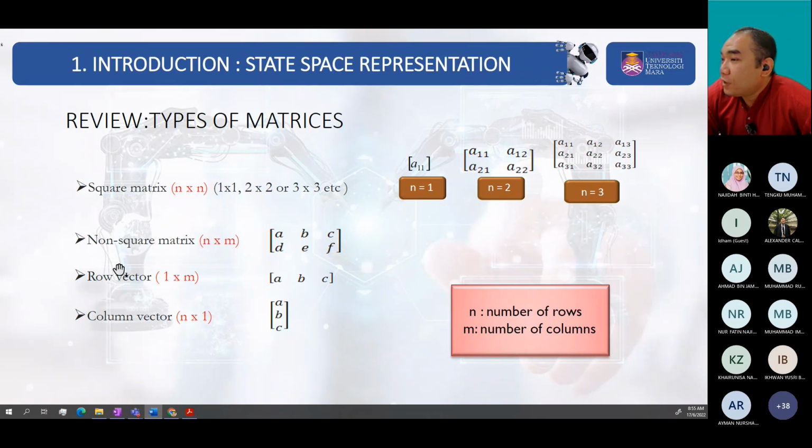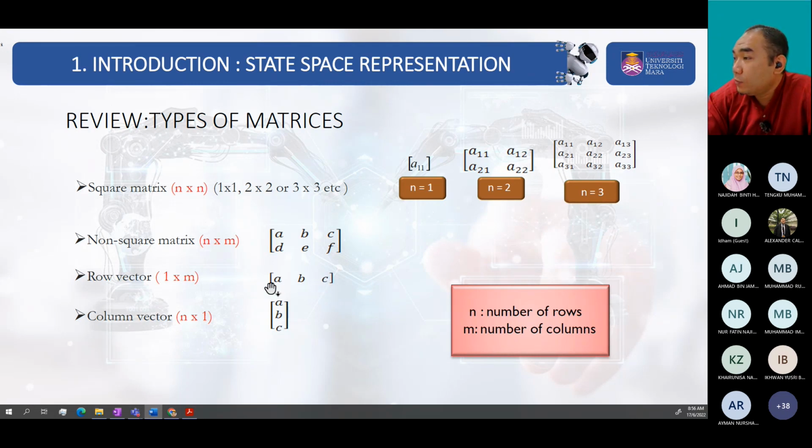We also have what we call a row vector. Kan? The row vector implying that we only have a single row with m number of columns. Kita ada satu row saja dengan m number of columns. Okay, ini adalah A, B, C, and then it has satu row dan 3 columns.